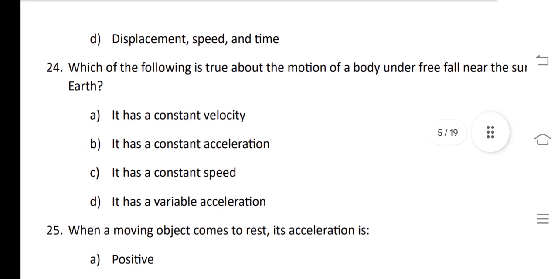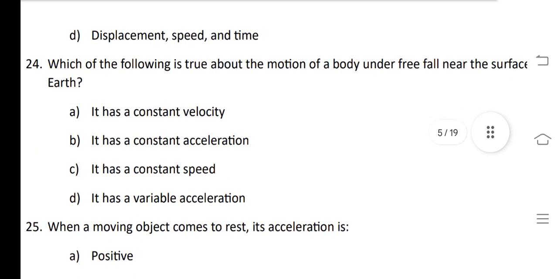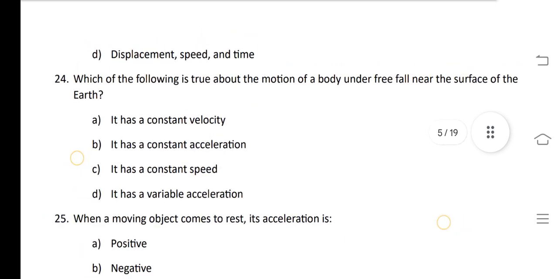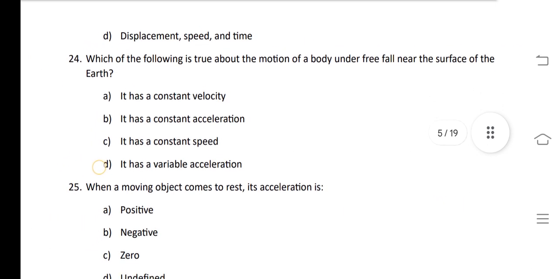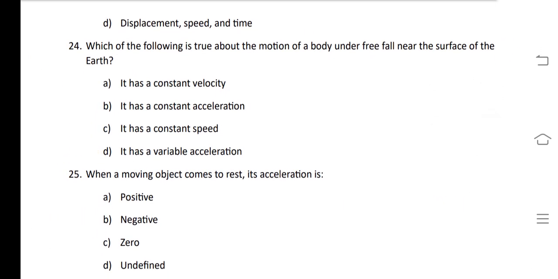In the next question, which of the following is true about the motion of object under free fall near the surface of the earth? That means it is asking about the free fall when the object is falling freely under the action of gravity, and the correct answer will be option number B, that it has a constant acceleration.